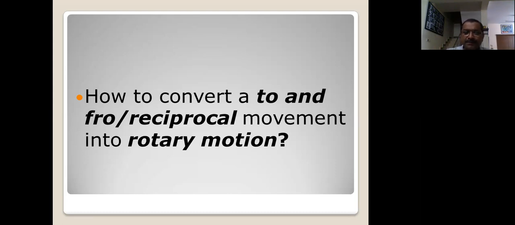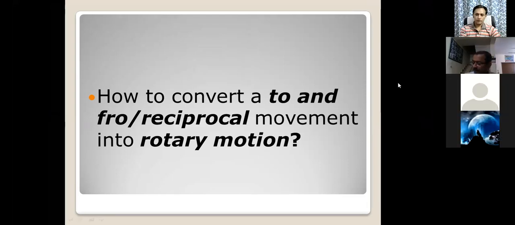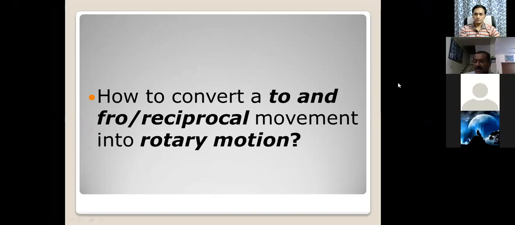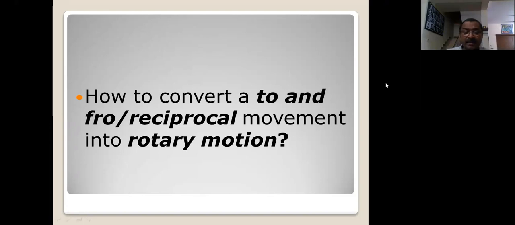Anyone familiar with such a system? Vinayak, Rishikesh. Okay, Rishikesh, you are actually familiar with such a system. All of you are familiar with it, and Rishikesh answered it correctly. Very good.